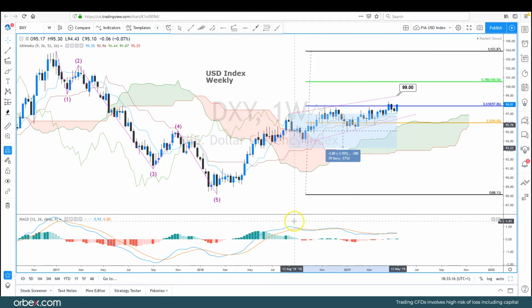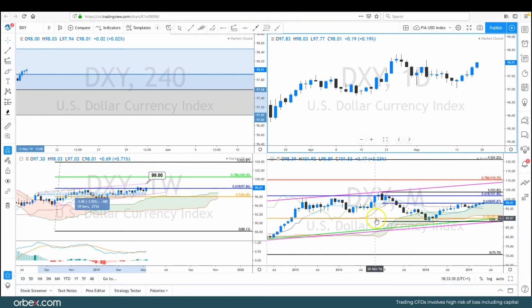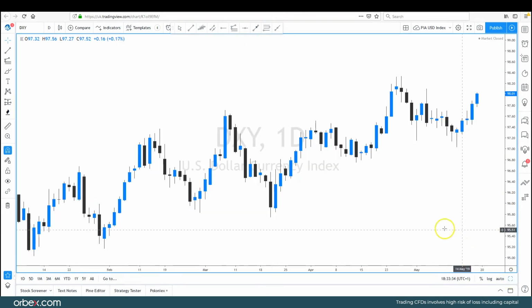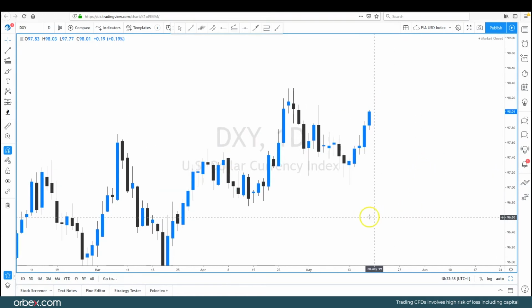If we do look to the MACD, we can see that we've lost momentum. This is the trend, and then basically it's running flat, and that's what happens a lot when we get these ending wedge formations. If we go to shorter time frames, and this is the daily chart, we can see that that last move up is pretty impulsive.